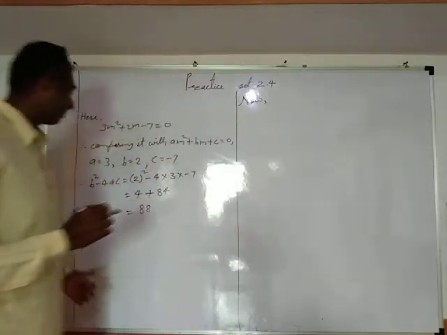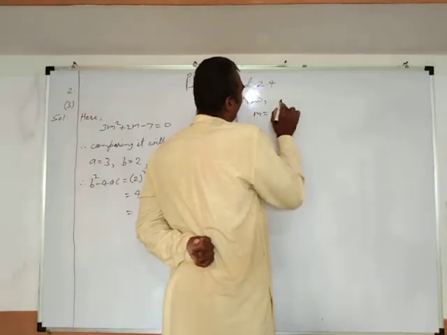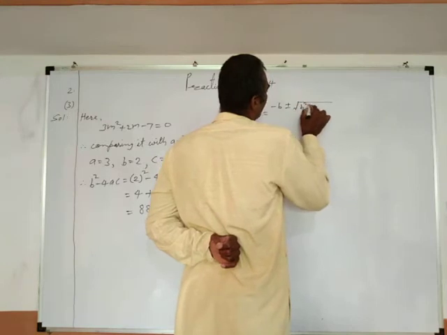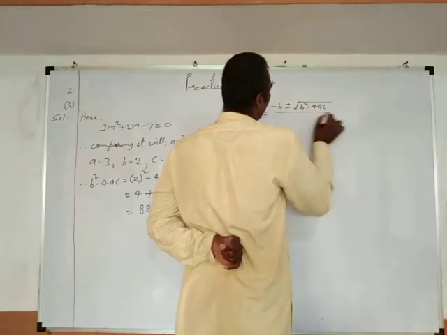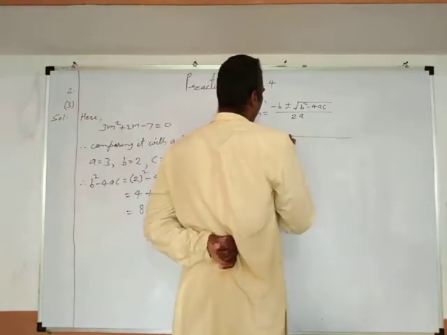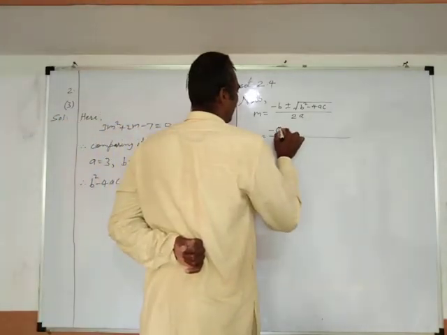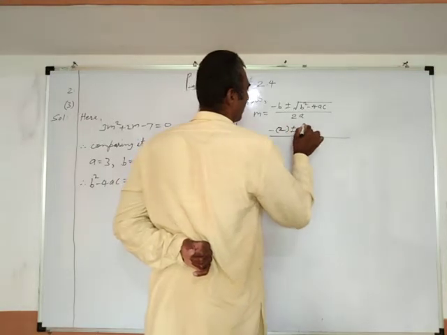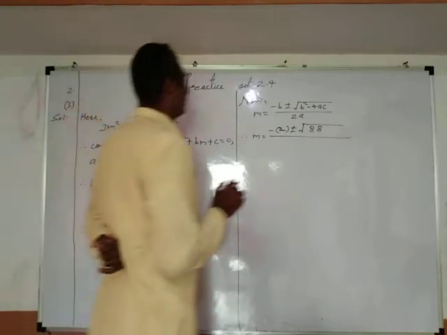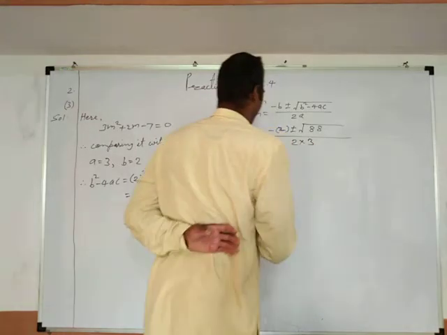Now, as the variable is m, we can write m equals minus b plus or minus under root b square minus 4ac upon 2a, and therefore m equals minus value of b, which is 2, minus in bracket 2 bracket close, plus or minus under root 88 upon 2 into value of a, which is 3.